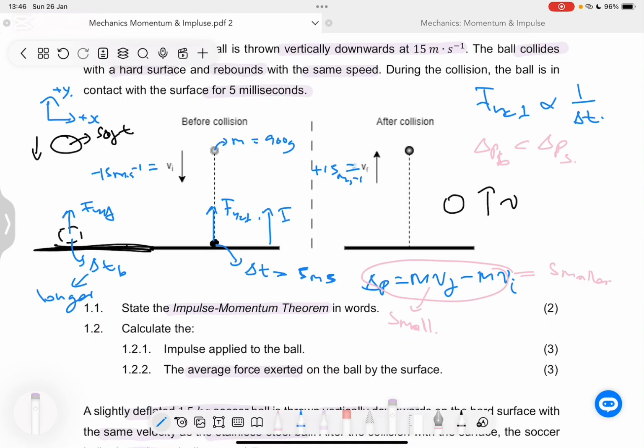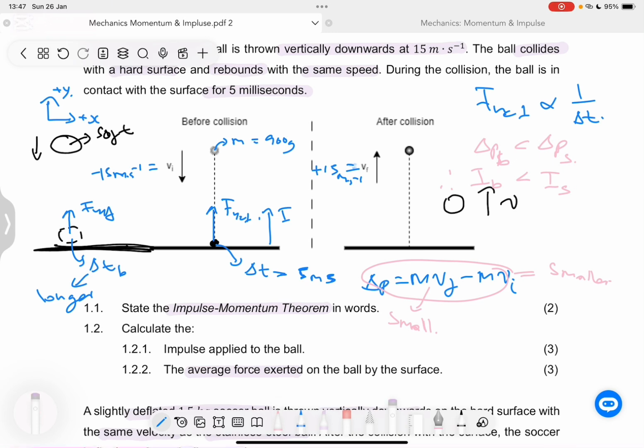So automatically, the impulse of the soccer ball will also be less than the impulse of the stainless steel ball, because these two are equal. If the change in momentum of the soccer ball is small compared to the change in momentum of the steel ball, then automatically the impulse will be small too, because they're equal.